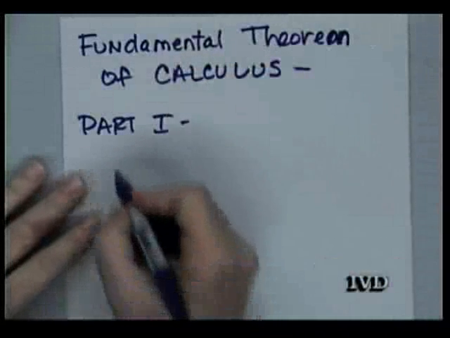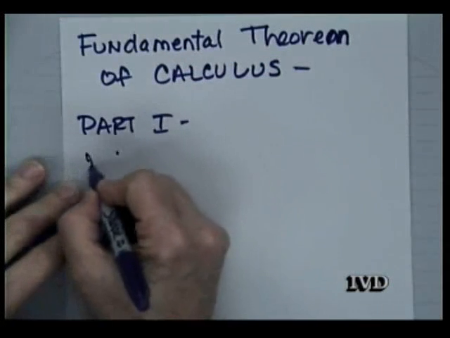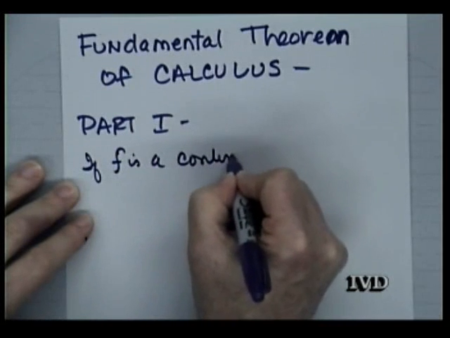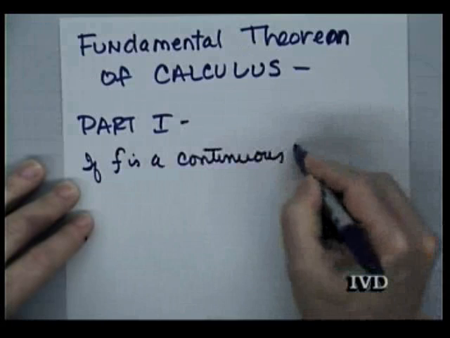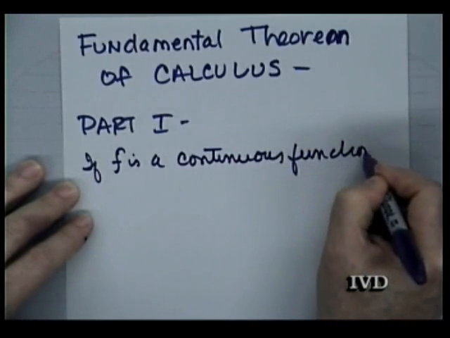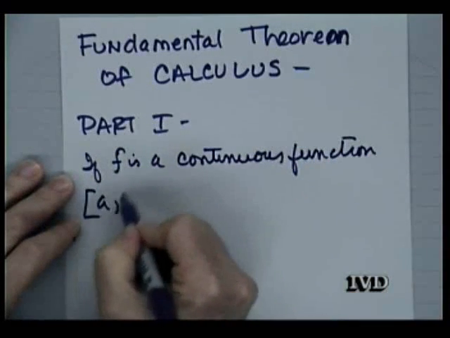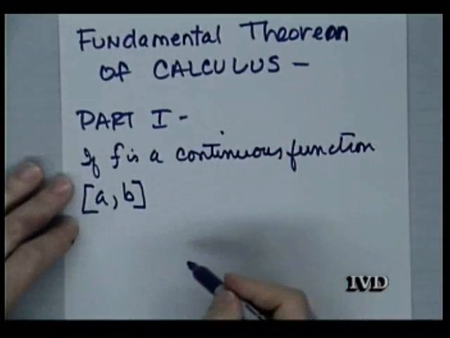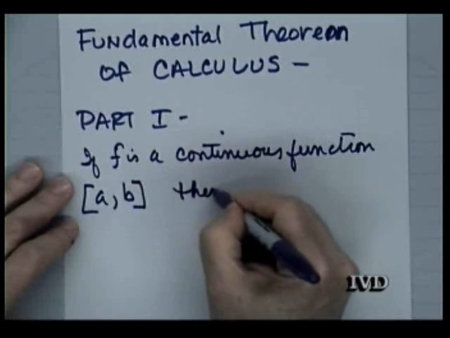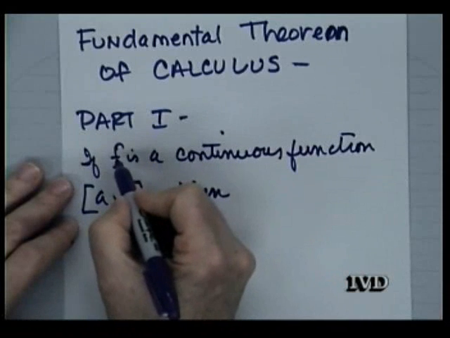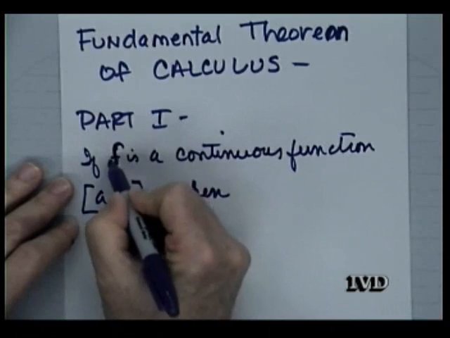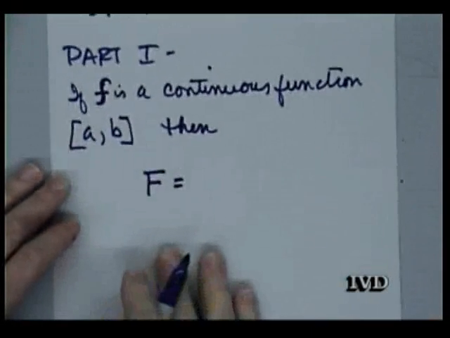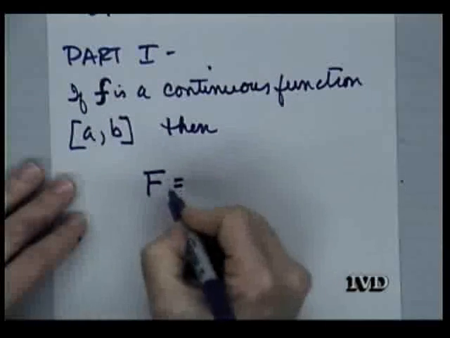So I want to talk about a function f. If f is a continuous function on some closed interval [a, b], then, notice this is a little f function, I'm going to define a big F function, a cap F function, as follows.